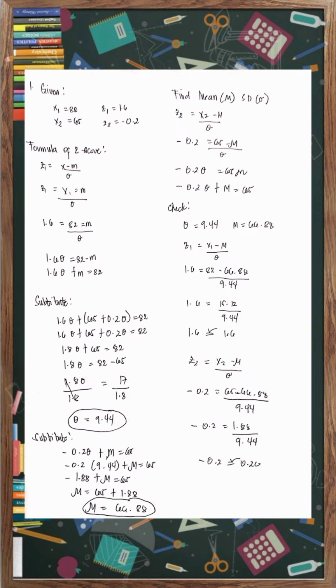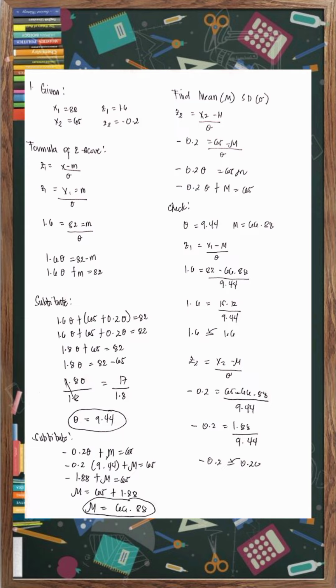Ang standard deviation natin, ang nakuha natin doon sa substitute, ay 9.44 yung answer niya. Then sa mean naman, ang nakuha natin doon sa substitute ay 66.88. Para malaman natin kung tama ang ating sagot na 9.44 standard deviation and 66.88 ang mean.